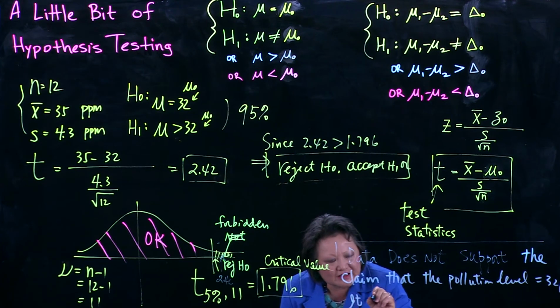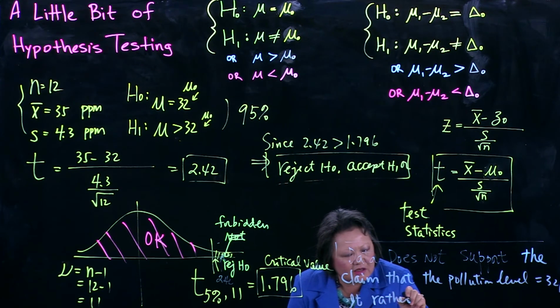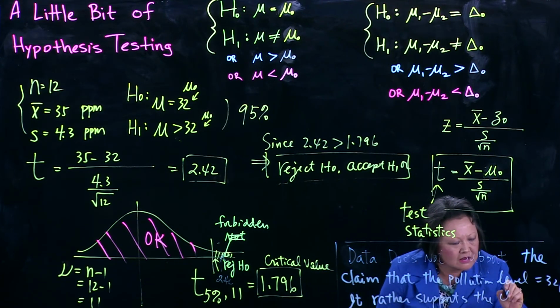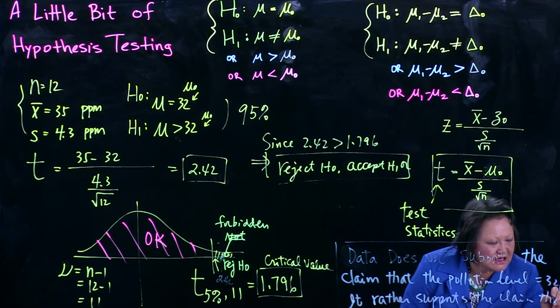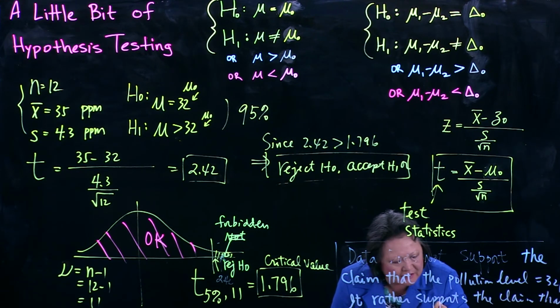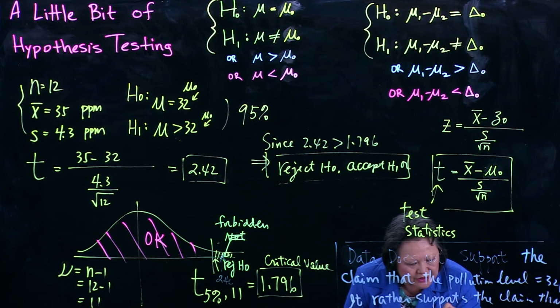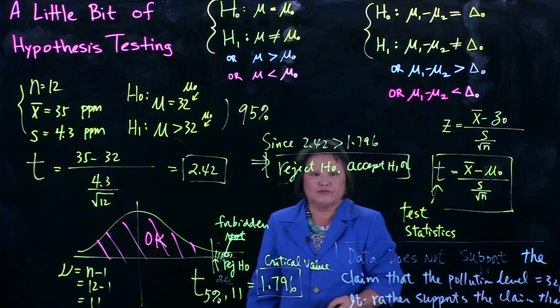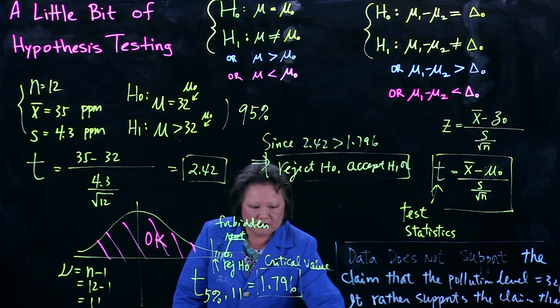It rather supports the claim that it is larger than, of course you put the word larger, 32 parts per million. What now? Can't see it?